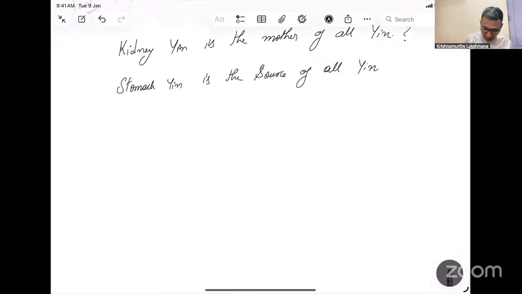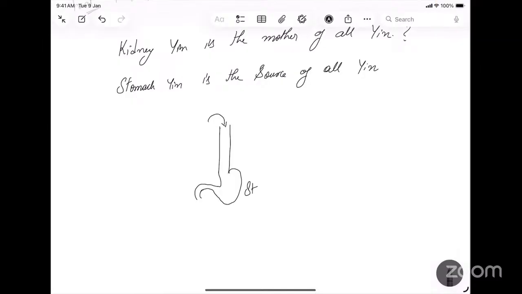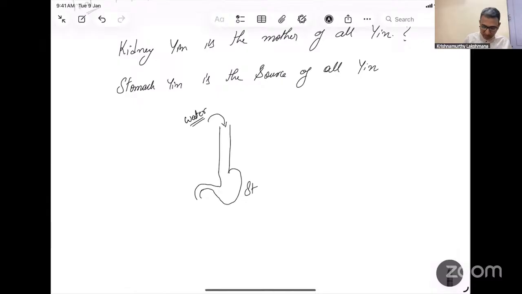Because which is the organ which receives the water first? Whatever water we drink, it first goes into the stomach. So all the water we drink, the first place that it goes is the stomach. So that is the origin, where the water first comes and collects.